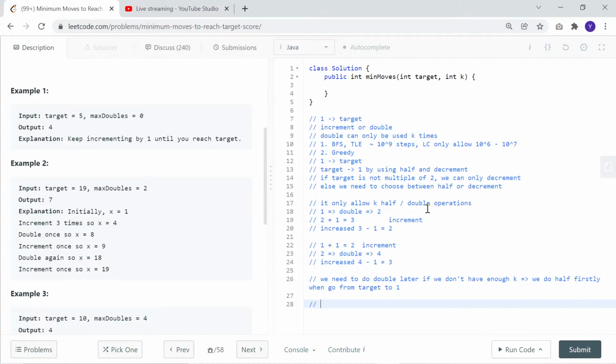So this almost explains the key of this question: we need to do half as early as possible. As long as we find that the target is a multiple of 2, we can do half. And also there is another constraint, we still have enough half operations left. So now we are almost able to solve this question.